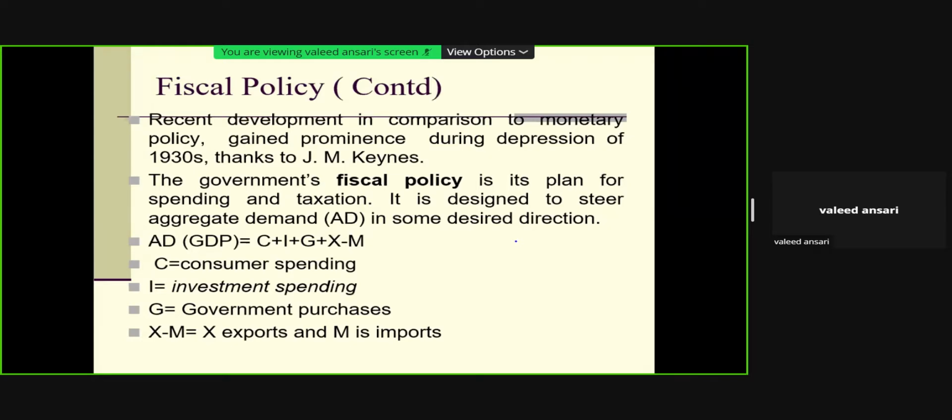People knew that taxation and expenditure have an influence, but a persuasive thesis or an argument for use of that was provided by John Maynard Keynes, J.M. Keynes, who propounded this idea in his book, A General Theory of Employment, Interest and Money.